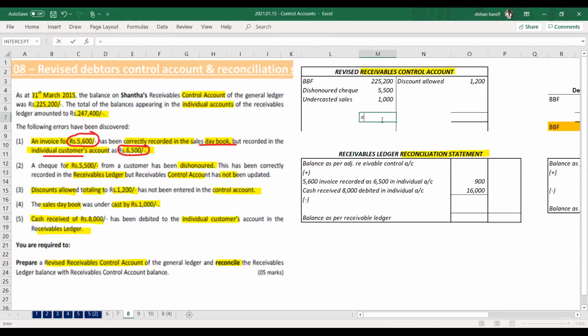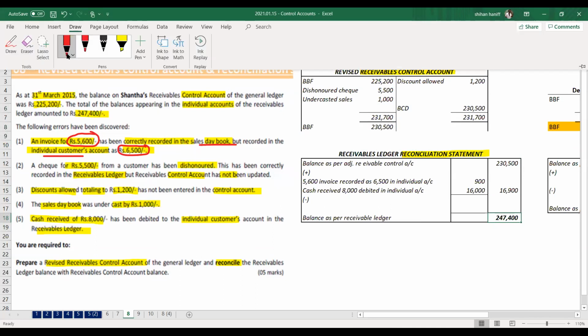Now take the balance. Individual balance is 247,400.